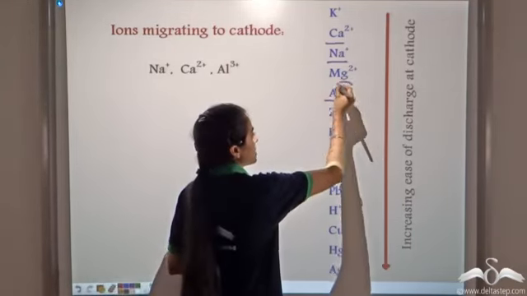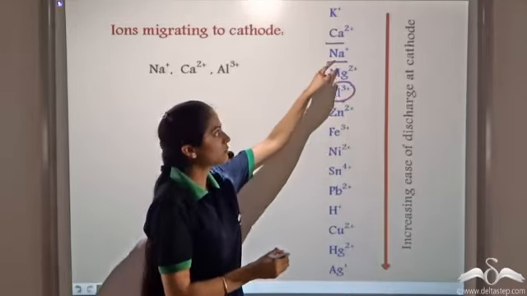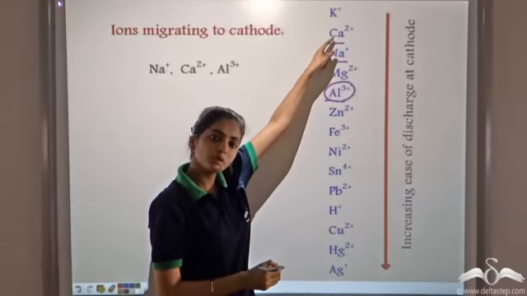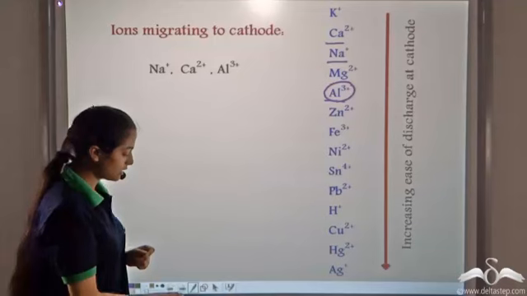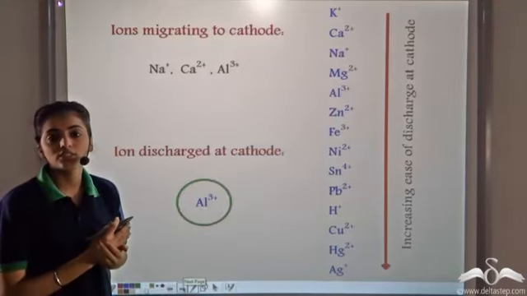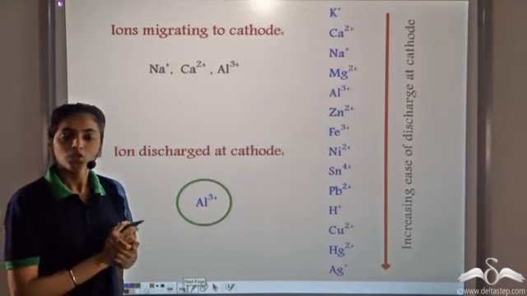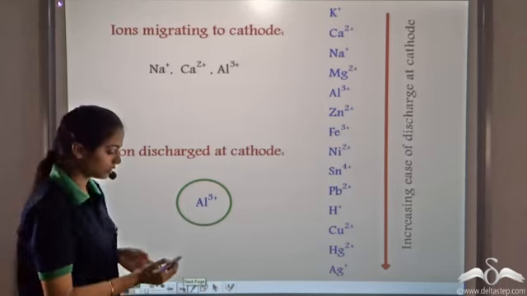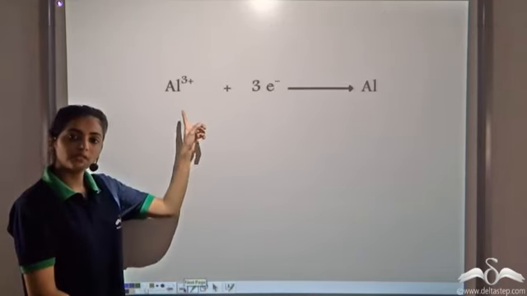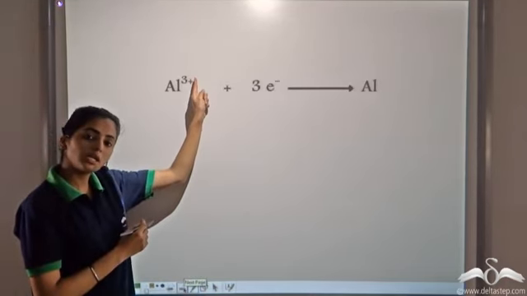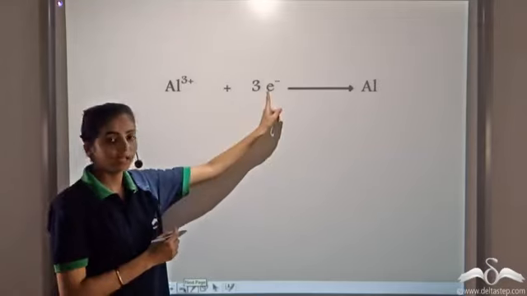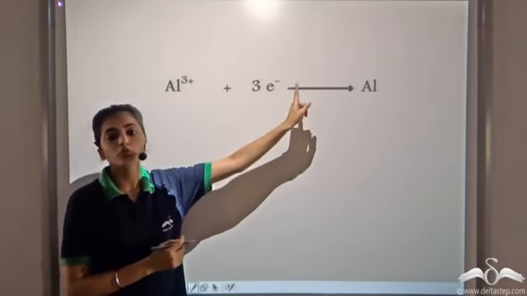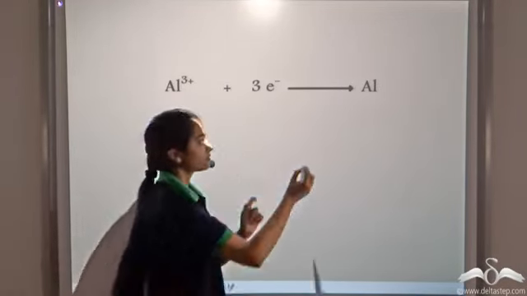So in this case, Al3+ lies below Na+ and Ca2+. So Al3+ is the cation which is discharged at the cathode. So the reaction taking place at the cathode is Al3+. Since it has 3 electrons less, it takes up 3 electrons to form neutral aluminium.